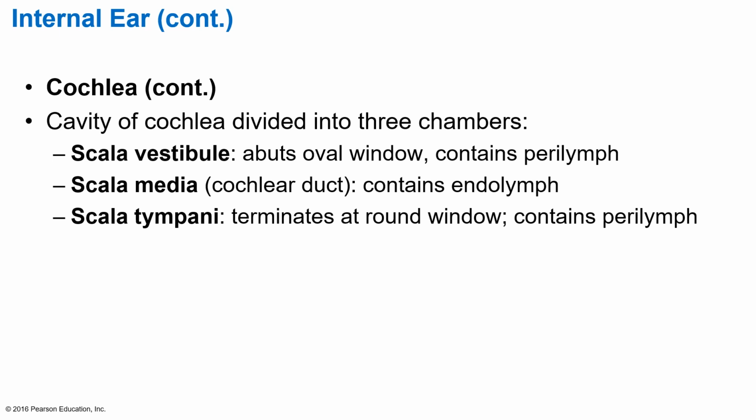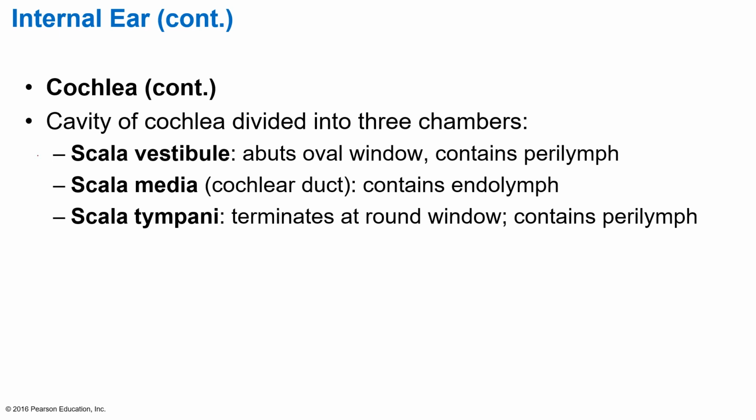The cavity of the cochlea is divided into 3 chambers: scala vestibuli, scala media, scala tympani. Scala vestibuli abuts the oval window, contains perilymph. Scala media, the middle one, with our cochlear duct, contains endolymph within. Scala tympani terminates at the round window and contains perilymph.